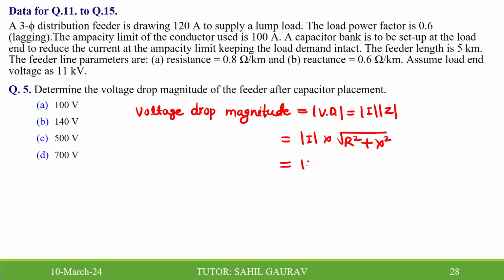I is 100 ampere, and this is the square root of 4 square plus 3 square. It will give 5. So this will come as 500 volt. So C is the correct answer.